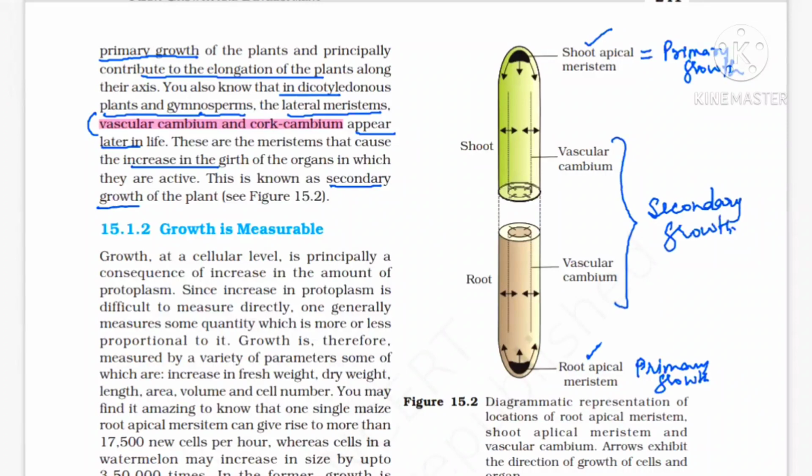So I hope up till now your concept is clear that plants have two types of growth, primary growth and secondary growth. Primary growth is because of apical meristem, and secondary growth is because of the lateral meristem. And it is seen in the dicot and gymnosperm, very important. Beta, please focus on it.